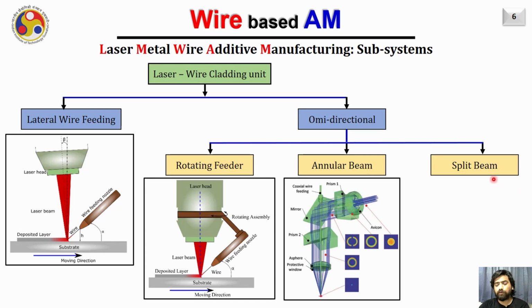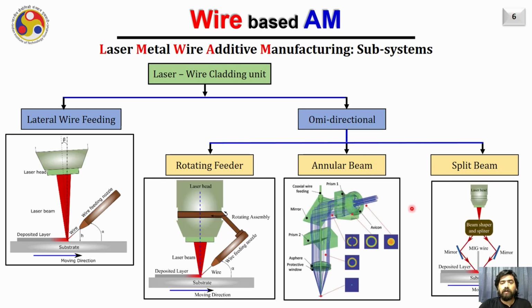The third possibility is the split beam. In the case of the split beam, the laser beam coming from the top passes through a beam shaper and splitter. As a result, the laser beam is split into multiple beams, and later, utilizing mirrors, these laser beams are converged at a point.